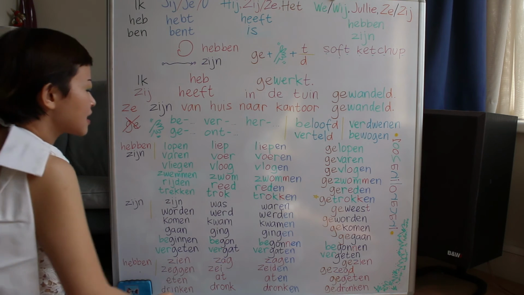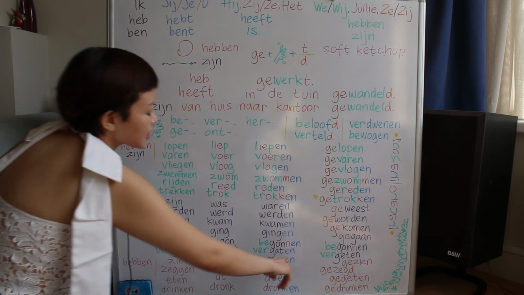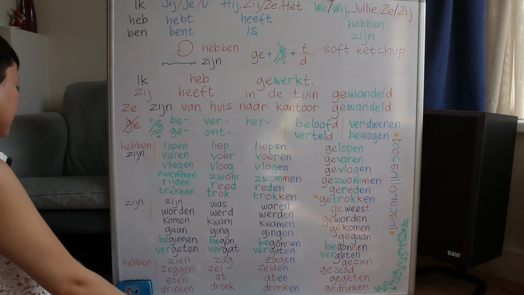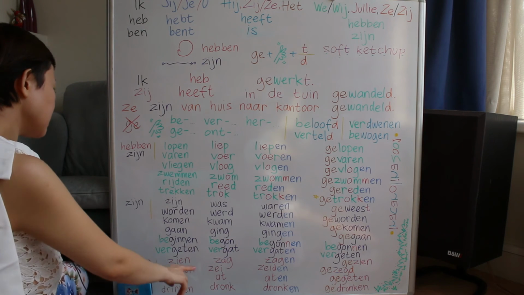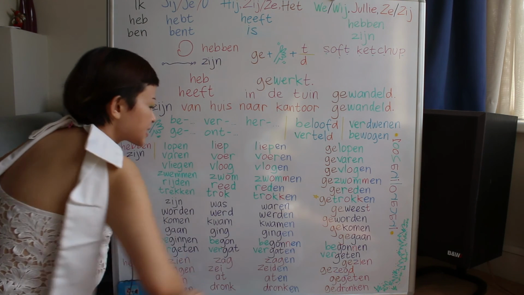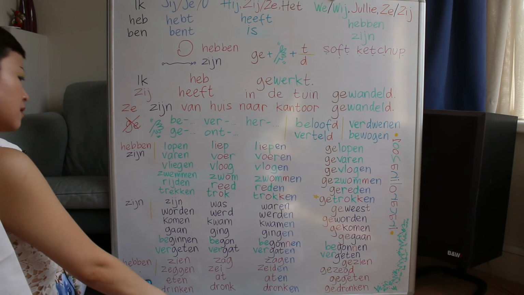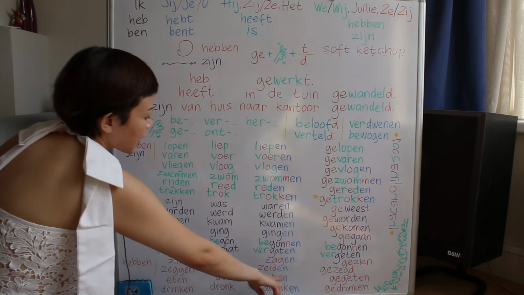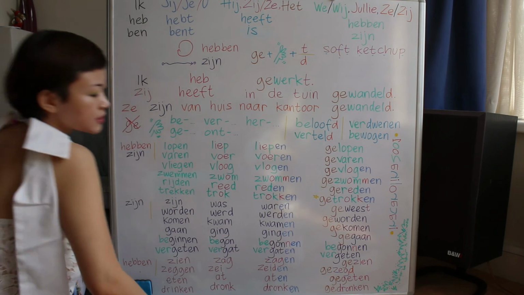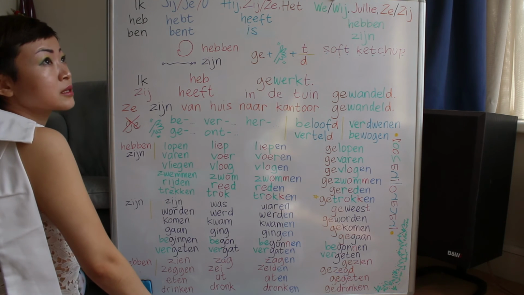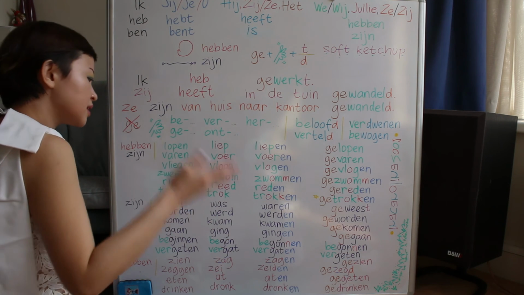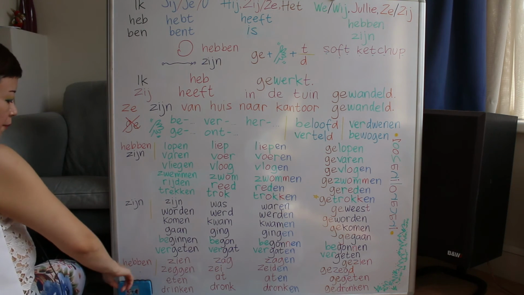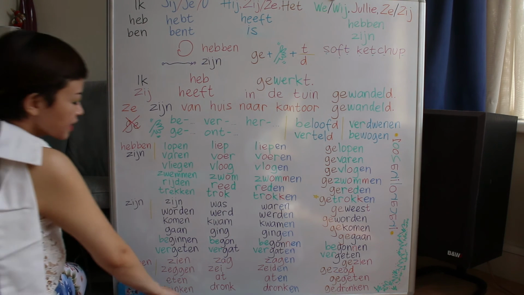It depends if you're swimming in a pool or swimming from one point to the other point. Rijden, reed, reden, gereden. Drive, drove, driven. So, in the same circumstance, or you just make this one, you use hebben, or from one point to the other point, you use the zijn.